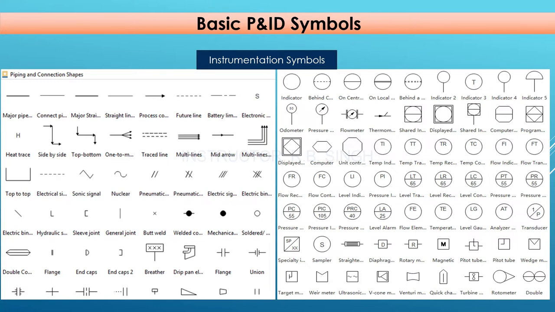So first of all, you will identify how many vortex flow meters there are throughout the P&ID. For that, we must know the symbol of the vortex flow meter, so that we can count the exact quantity and design the exact number of vortex flow meters that is required.